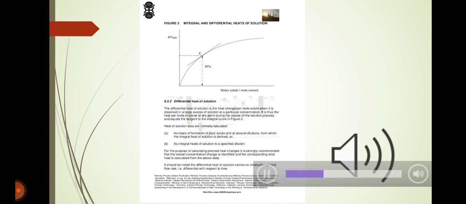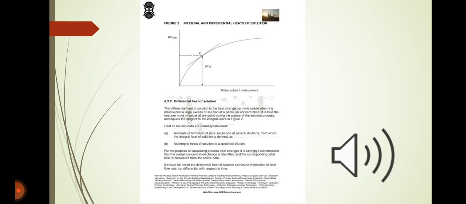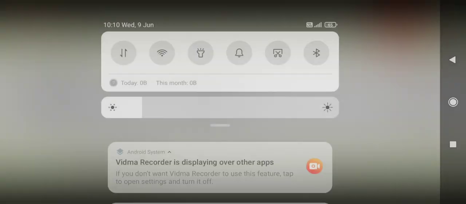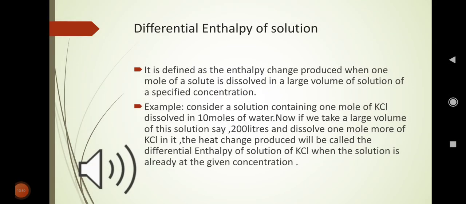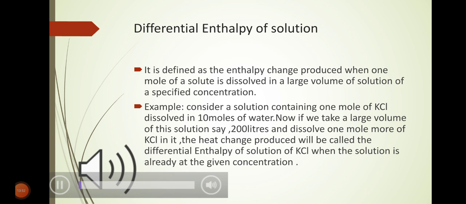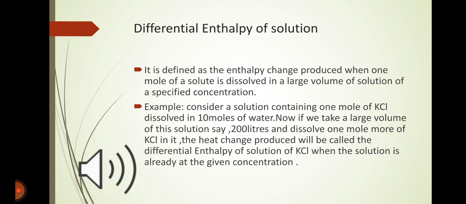Here in this slide, the graphical representation is also given for the integral and differential heat of the solution. And then what is differential enthalpy of solution? The differential enthalpy of solution is defined as the enthalpy change produced when 1 mole of solute is dissolved in a large volume of solution of a specified concentration.